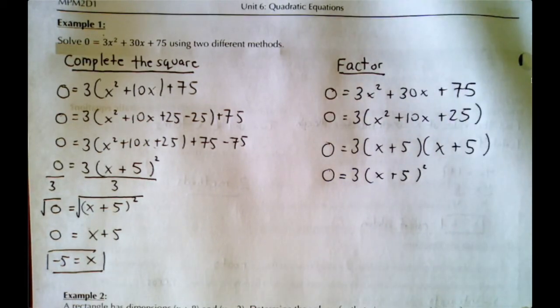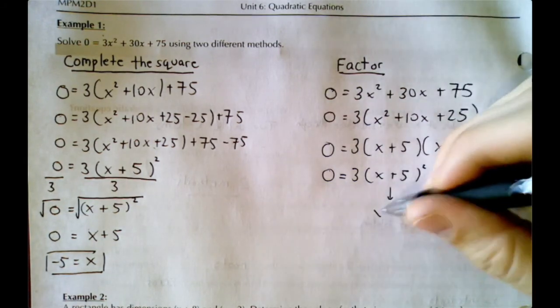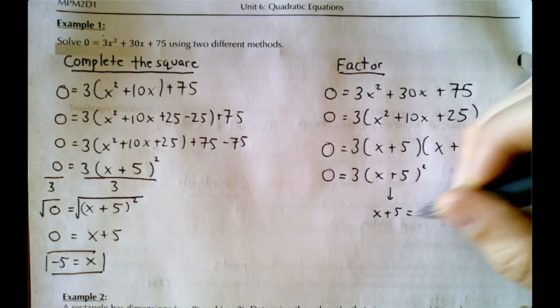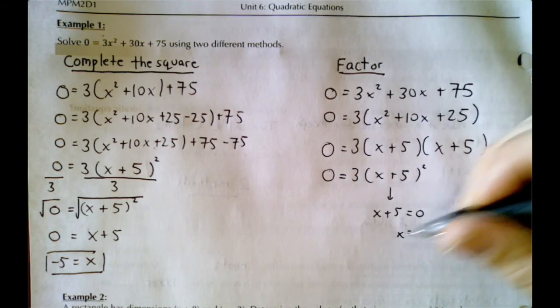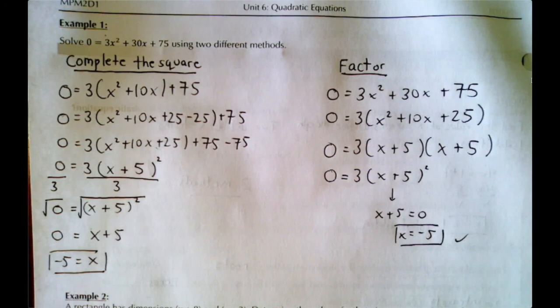And now, once you have something in factored form, to solve it, you just take the bracket and set it equal to 0. And then solve for x. And we get minus 5. So, same answer. Either way we solve it, completing the square or factoring, it's up to you, but we come up with the same answer.